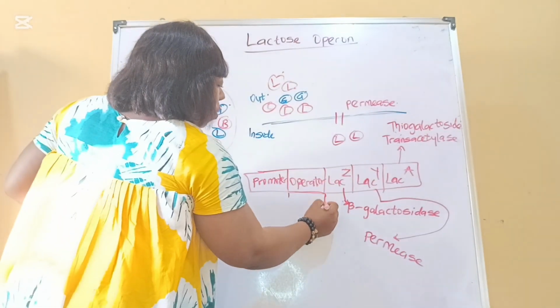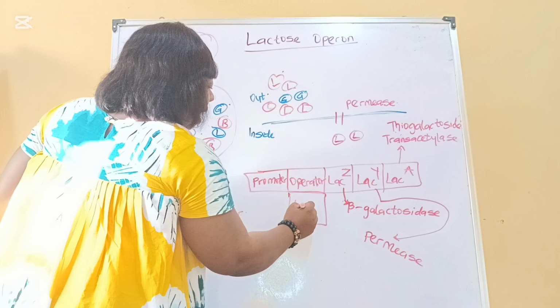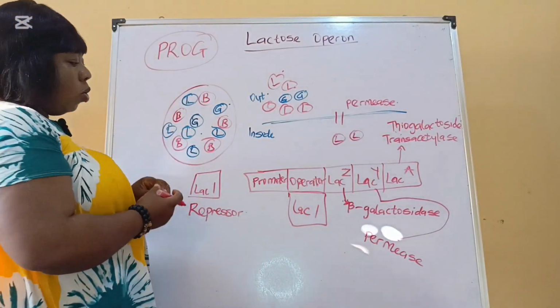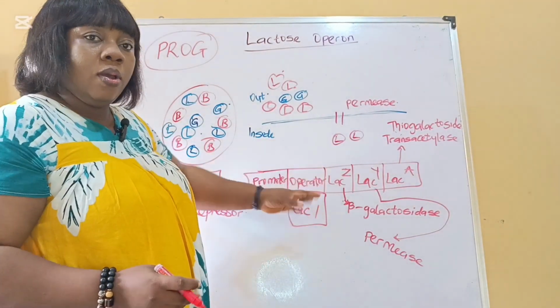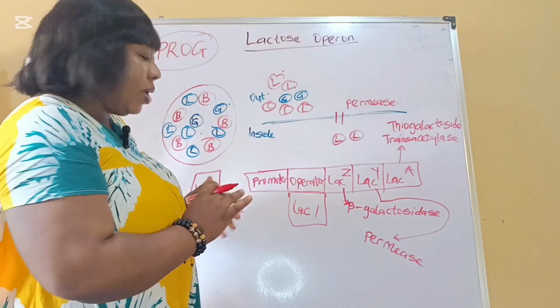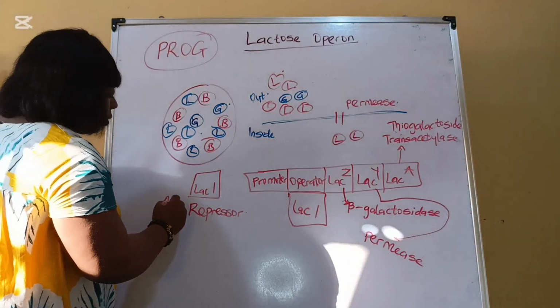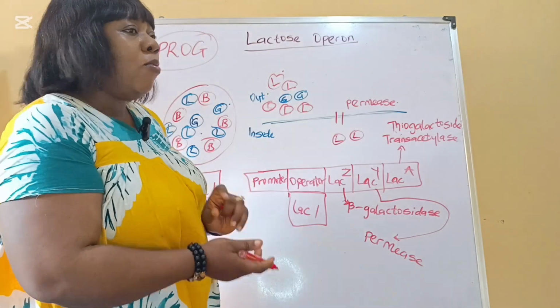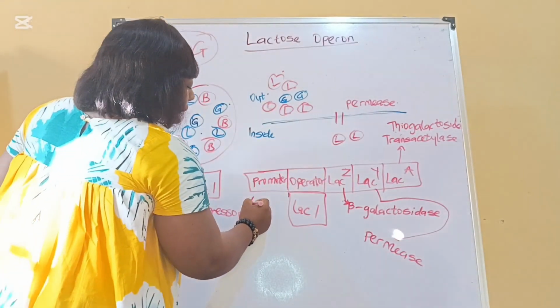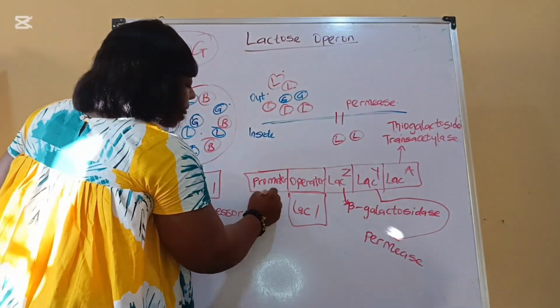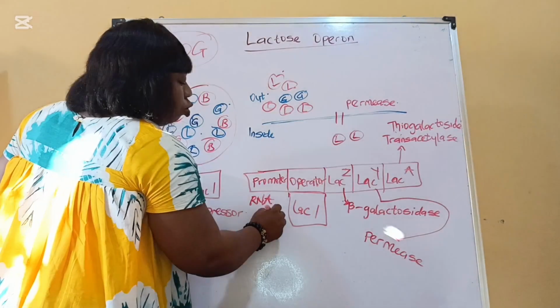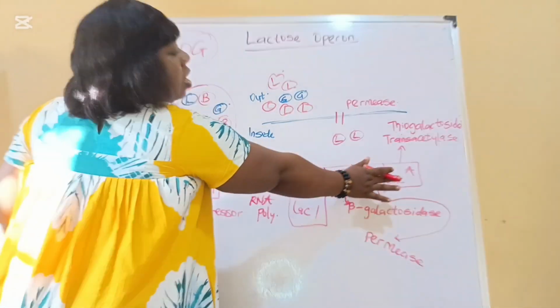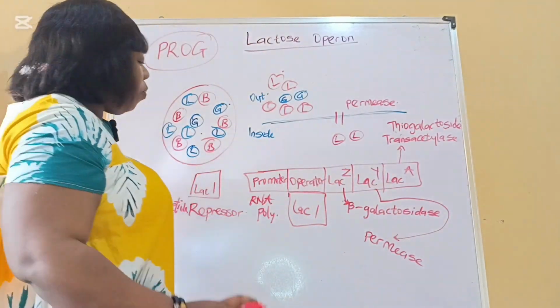So here we have our LacI, which is our repressor, our active repressor now. As long as this repressor is here, the RNA polymerase that is coming to perform the transcription of these genes will not be able to move.